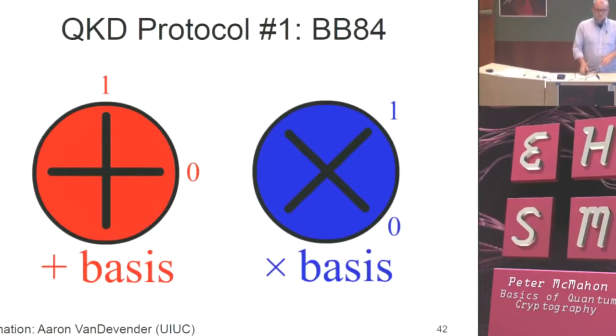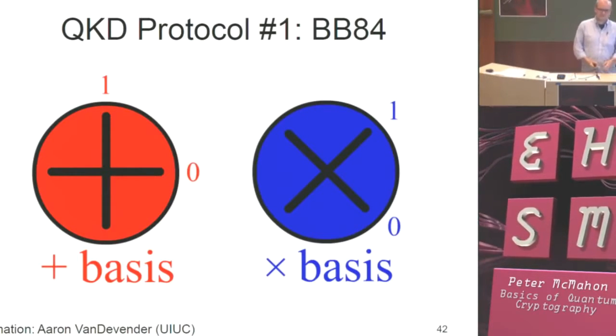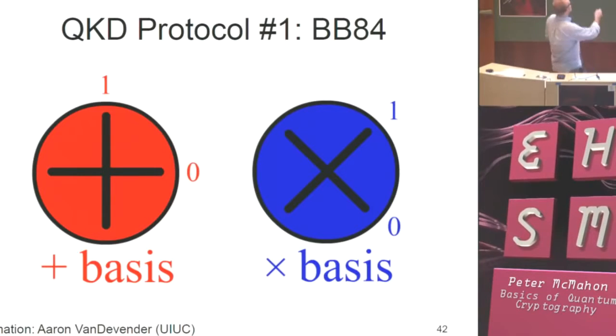What I'm going to do now is go through a little animation that tries to explain how the BB84 protocol works. The following animation, which I've pilfered shamelessly from Aaron Defender, who was at UIUC when he made this, uses notation showing that we're going to be doing things in two bases. The H and V basis is designated as the plus here.